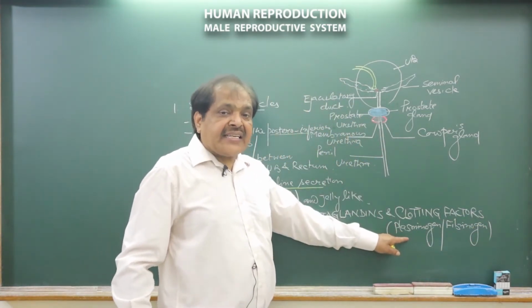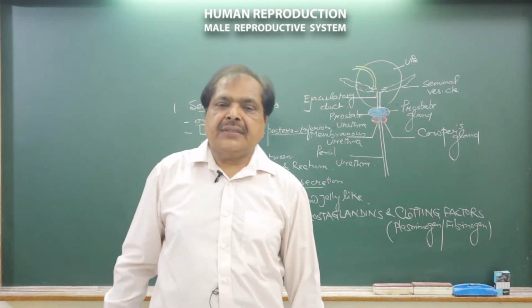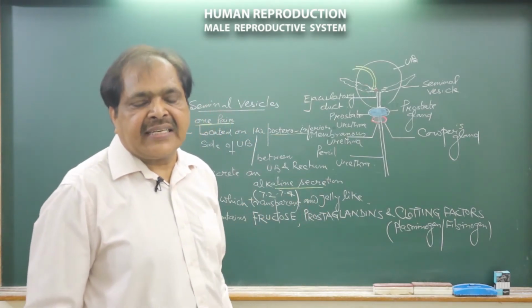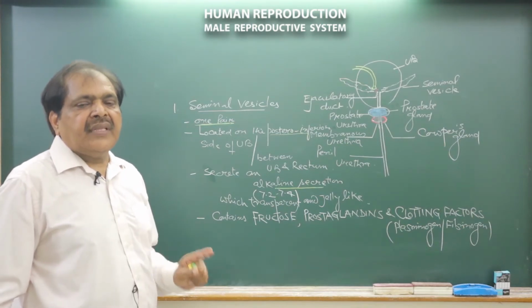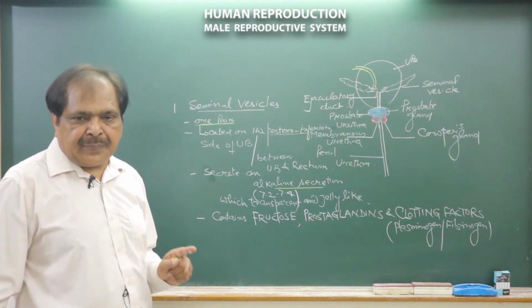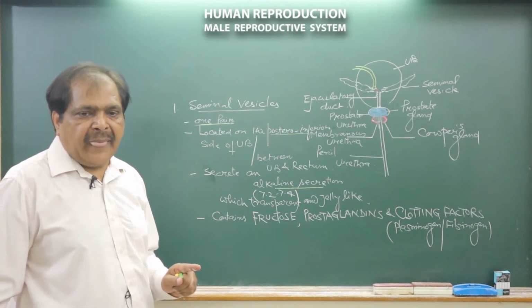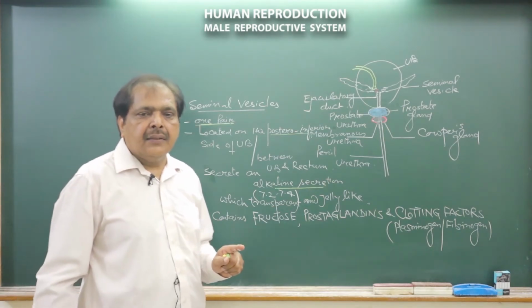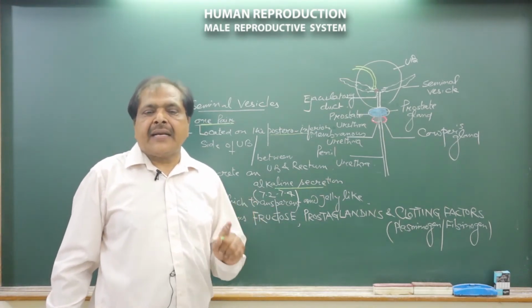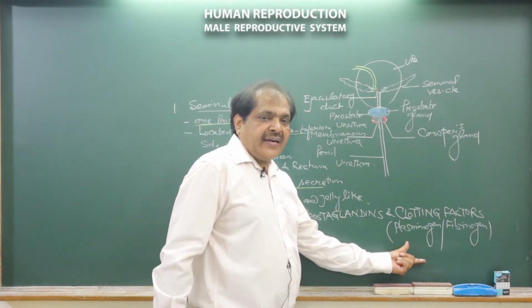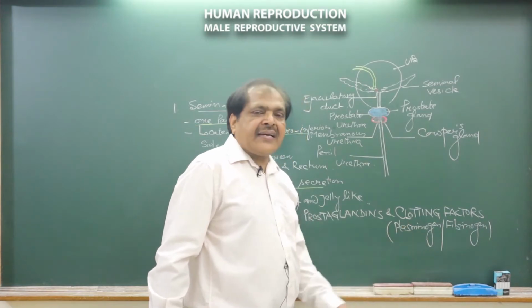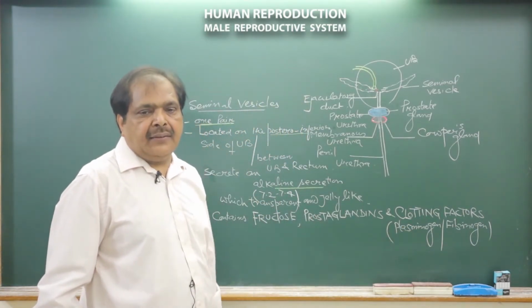These clotting factors must not be confused with the clotting factors present in the blood. There are 13 clotting factors which are present in the blood. You know it. We have already discussed it. That factor number 6 is absent. These are not those clotting factors. These clotting factors are those which clot the semen.